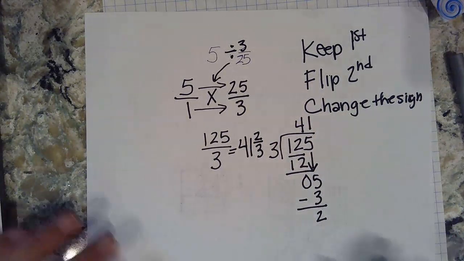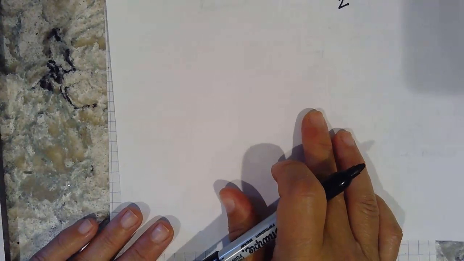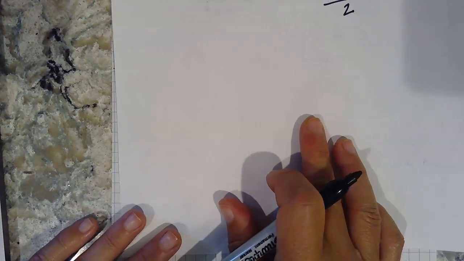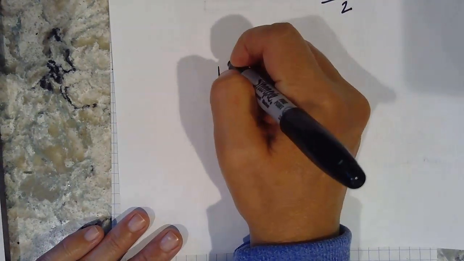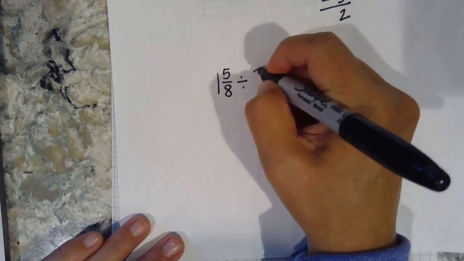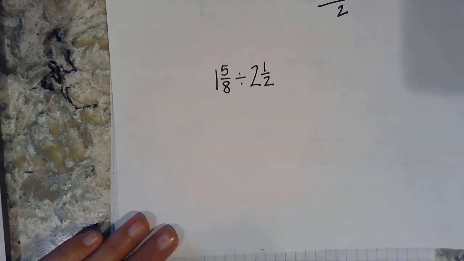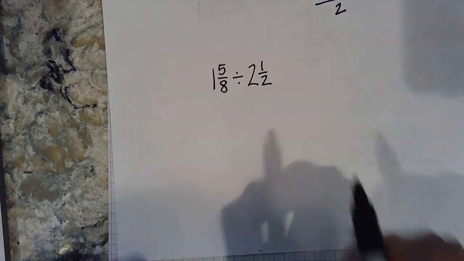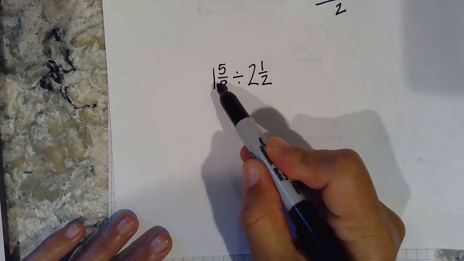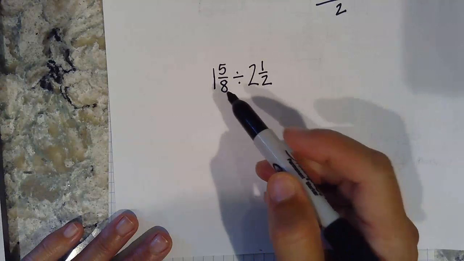To do another example, let's do one that has 2 mixed fractions. So let's do 1 5/8 divided by 2 1/2. Okay? So just like in multiplication, in division, we cannot do our division until we have turned these mixed fractions into improper fractions.